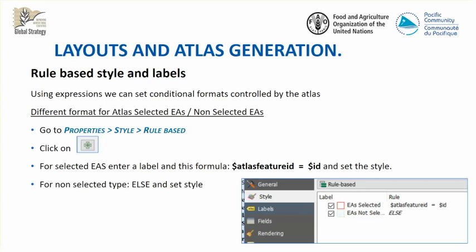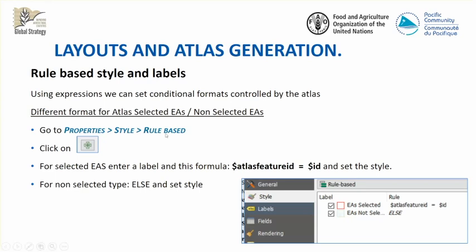Like this, depending on whether our EA is being focused for the photo, we decide whether or not we display labels, or the type of style. So we can have different styles. One style for the selected EA, maybe a red line surrounding the EA, and for the EAs that have not been selected, we can put some type of shade to highlight which EA we are focusing on.